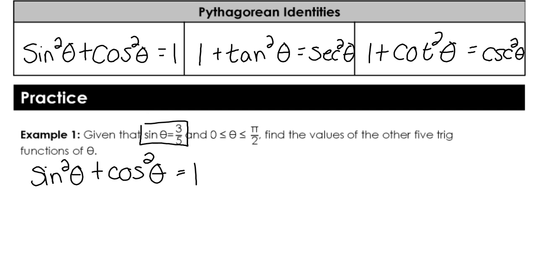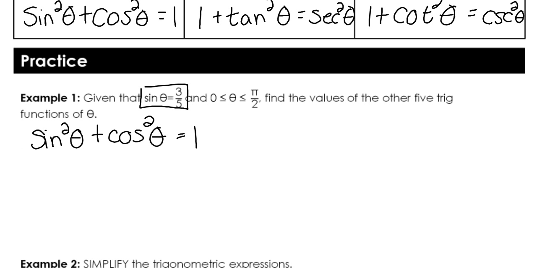We're going to replace what we know here to solve for the other trig functions I don't know. So we know sine theta, we need to find cosine, tangent, cosecant, cotangent, and secant. I know that the sine of theta is 3/5 from the problem, so I can plug that in there by squaring it. And then I'm going to use that to find what cosine is, since I know this identity is true.